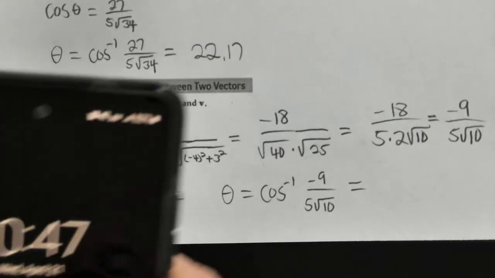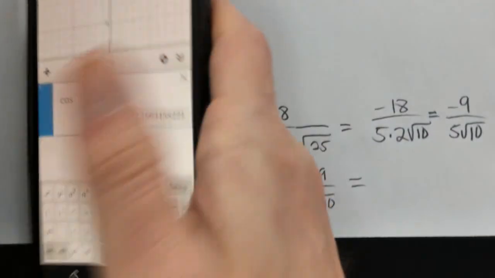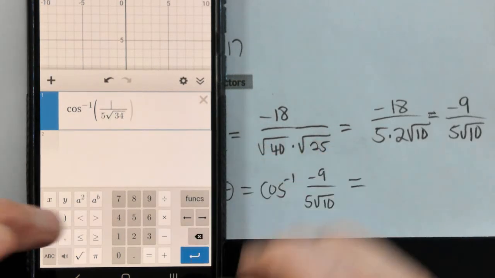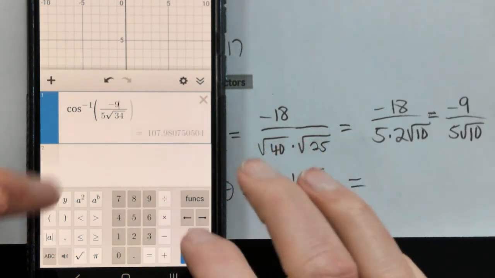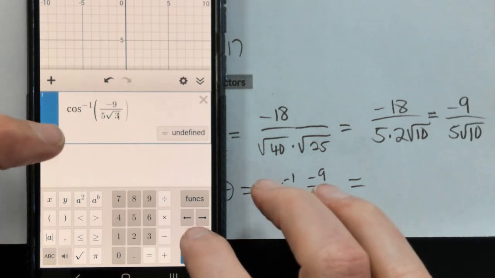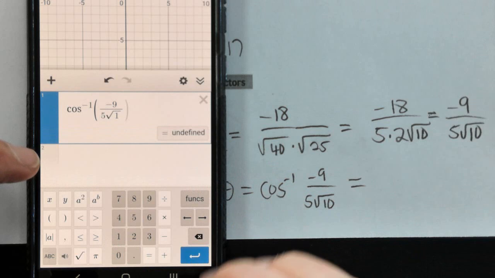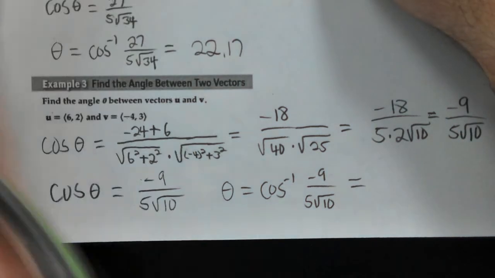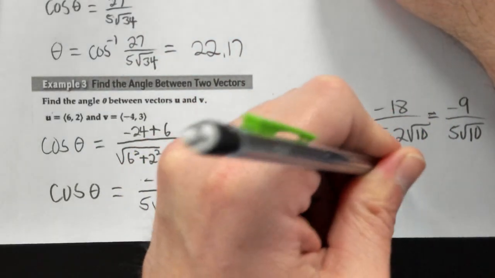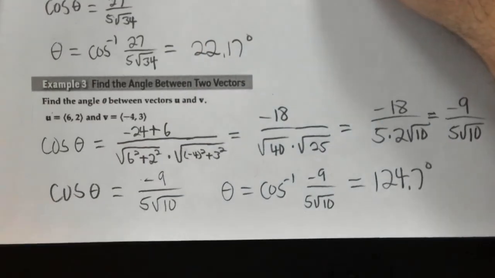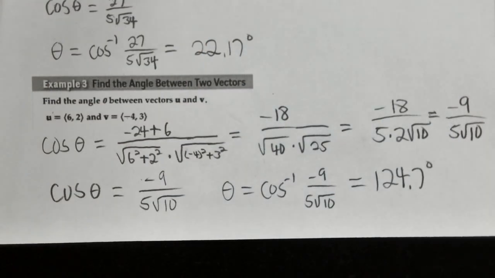So now we can go here, and I just need to change the top on this one to a negative 9, and change the square root underneath from 34 to 10, and then my angle between the two is 124.7 degrees. All right, so there you go.